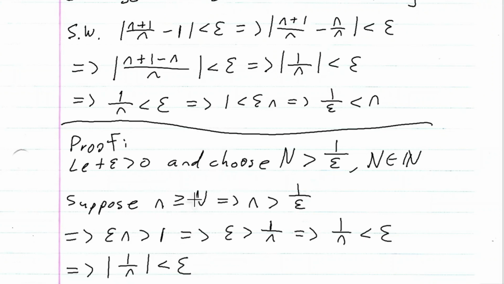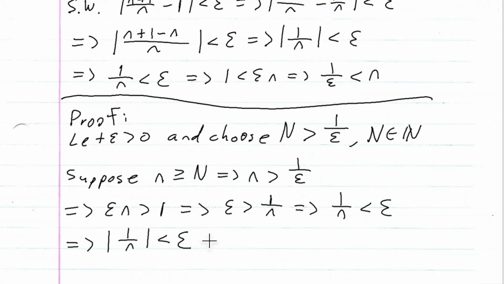Okay, and of course this implies, so here, look, I have the absolute value of 1 over n is less than epsilon, and now I know that this is the same thing as |(n+1-n)/n|, right? So this is going to be |(n+1-n)/n| is less than epsilon.